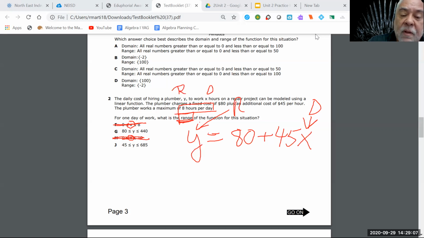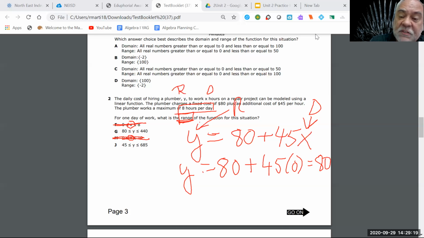Let's look at the minimum. Y is equal to 80 plus 45 times the minimum hours, which is 0. 45 times 0 is 0, so you're left with 80. Let's look at the maximum.